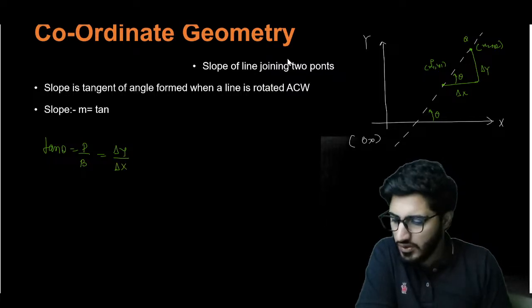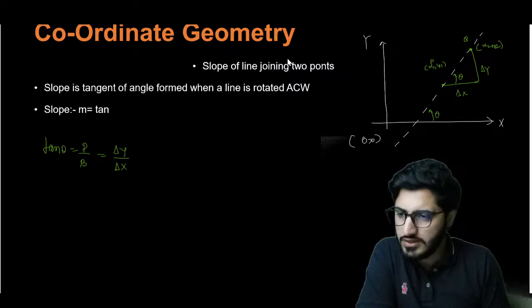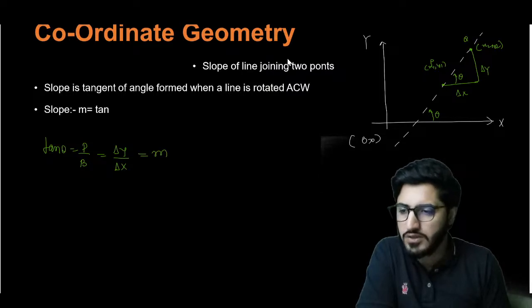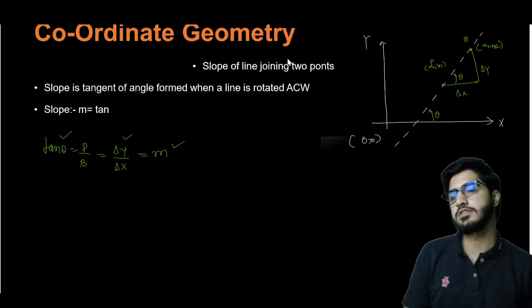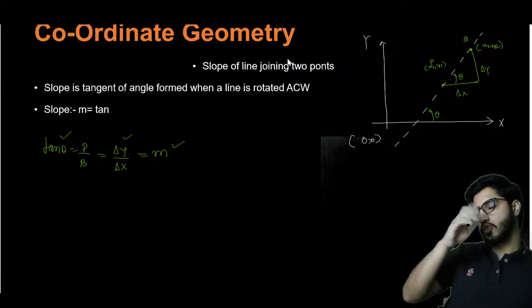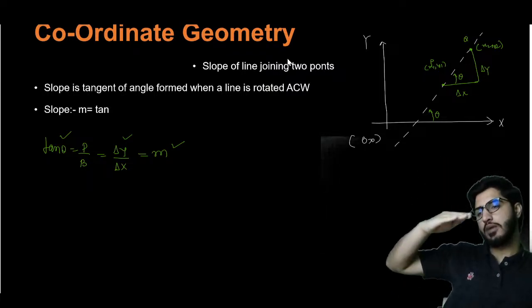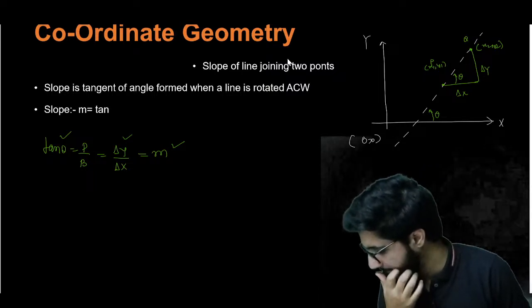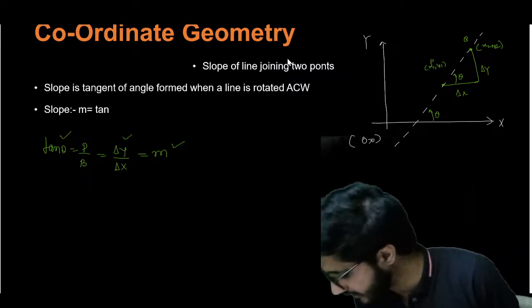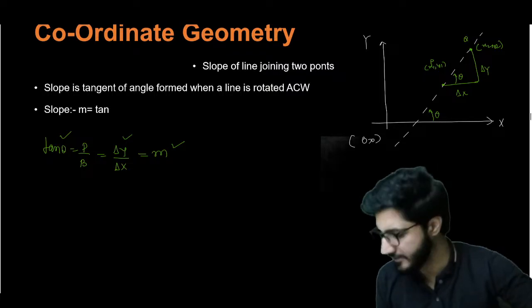So this is also represented by m. So m is the slope of this line, tan theta is slope, delta y by delta x is slope. If you want to find the slope of a straight line, the slope looks like perpendicular by base, or delta y by delta x, or simply m.